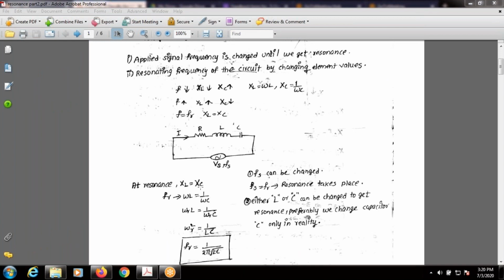Now at resonance, XL is equal to XC at resonance frequency, then XL is equal to omega L, XC is equal to 1 by omega C. Then simplifying this, FR, the resonant frequency, is equal to 1 by 2 pi root LC. Already we derived in the previous class the resonant frequency, FR is equal to 1 by 2 pi root LC.